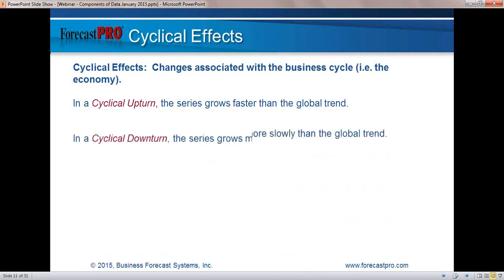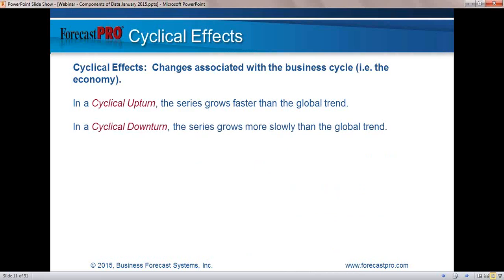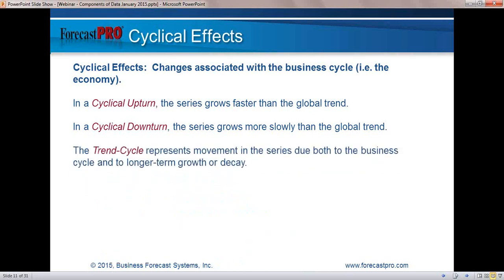The opposite is a cyclical downturn, where growth slows down because we're going into recessionary times. Typically, if you graph macroeconomic variables, indicators of the economy, what you'll see is a cycle. And the question is, are your data impacted by this?